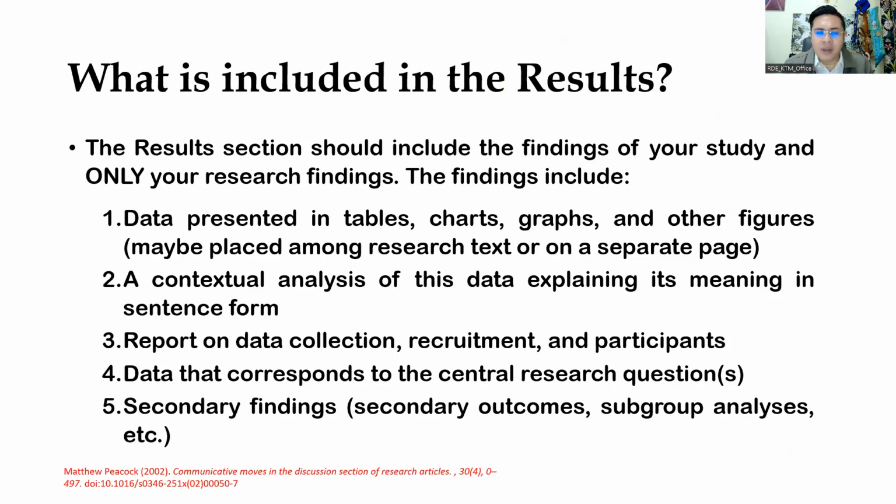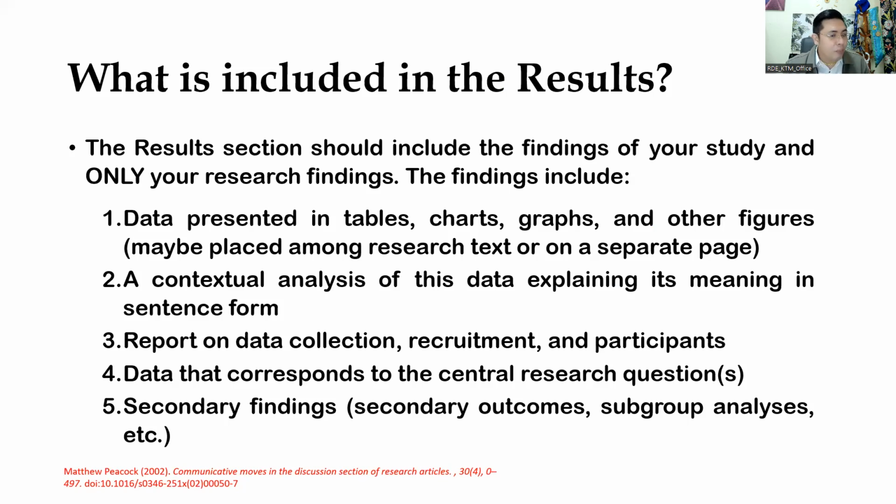So what is included in the results? The results section should include the findings of your study and only the research findings. The findings include: 1, data presented in tables, charts, graphs, and other figures, which may be placed among research texts or on a separate page. 2, for qualitative research, the contextual analysis of the data, explaining its meaning in sentence form.